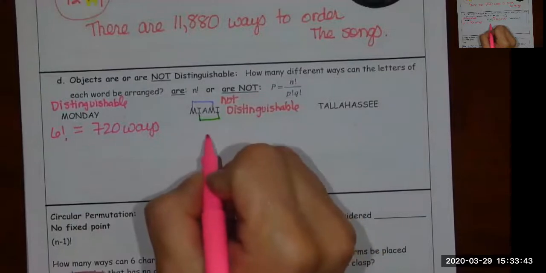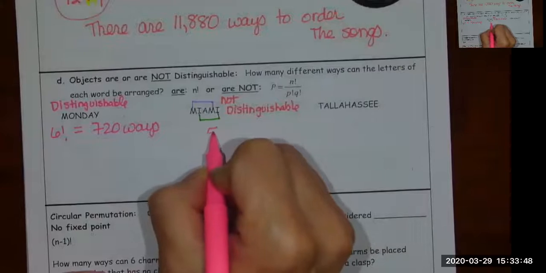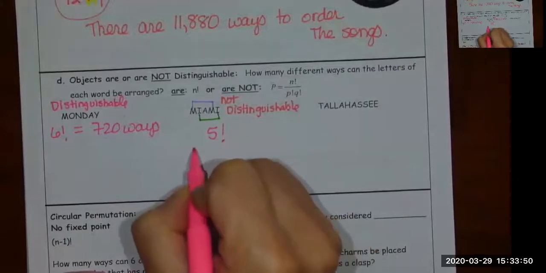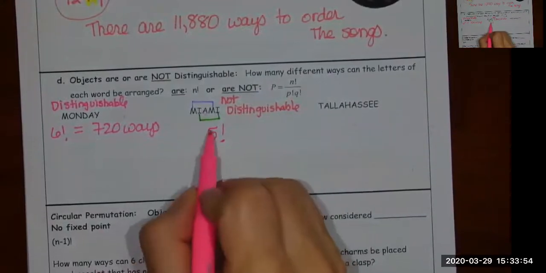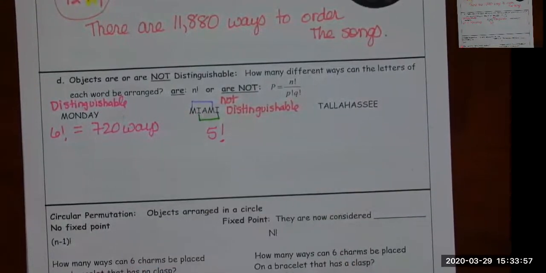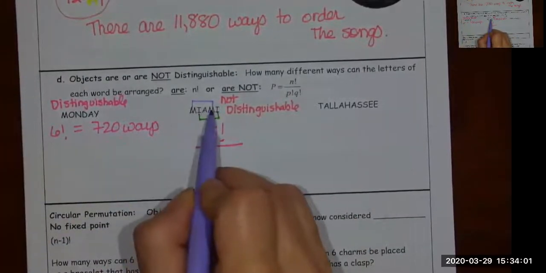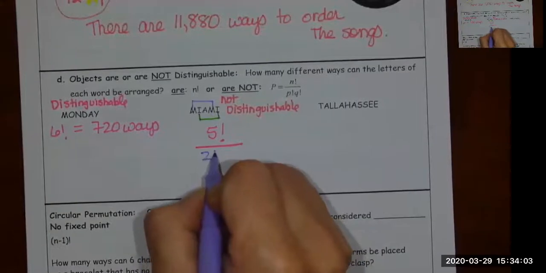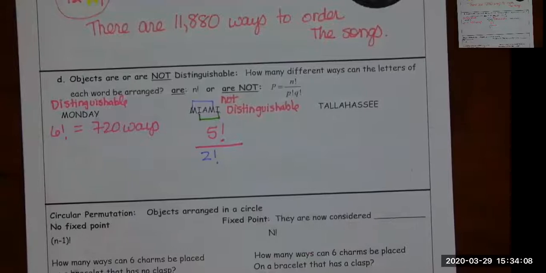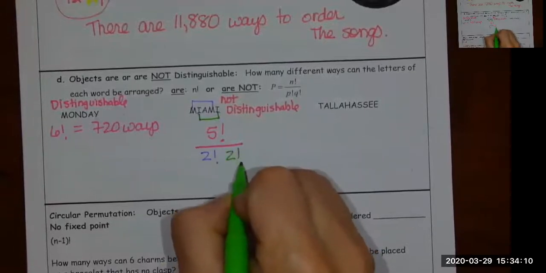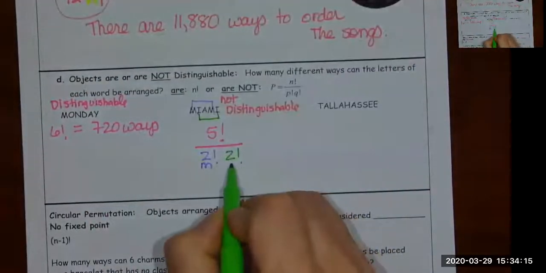So I have 1, 2, 3, 4, 5 letters, so it's 5 factorial. But I have to divide out the letters that are doubles because I can't tell one M from another M. So I have 2 M's, so I'm going to put a 2 factorial here. And I have 2 I's, so I'm going to put a 2 factorial here. That's for the M. That's for the I.